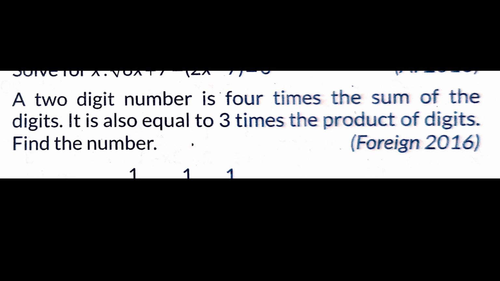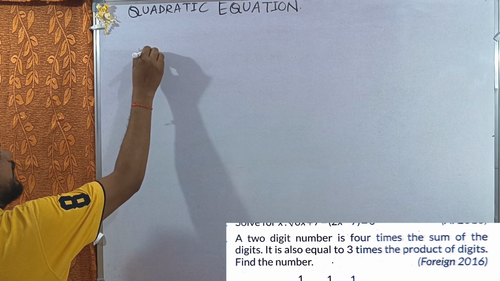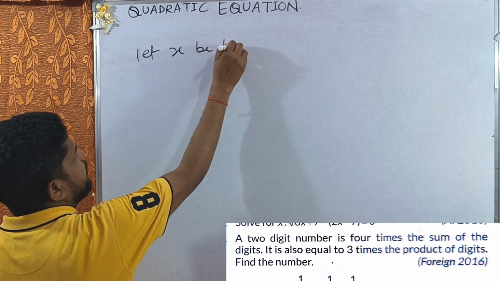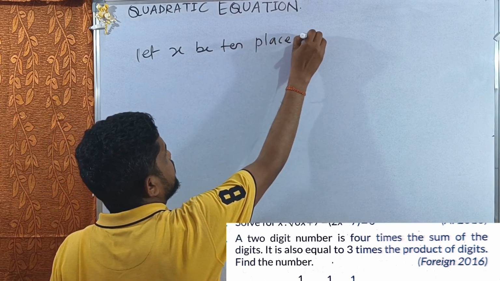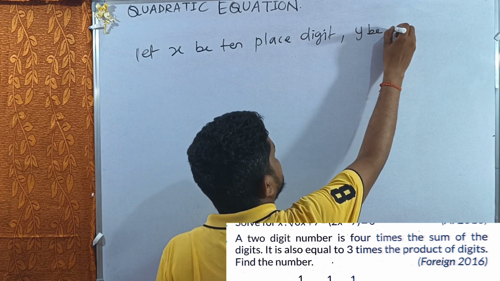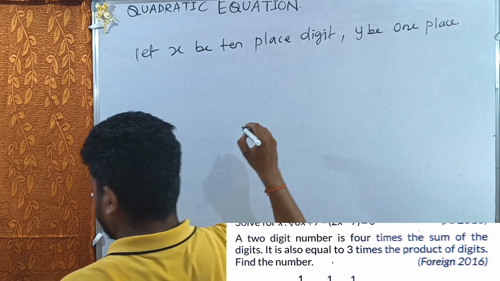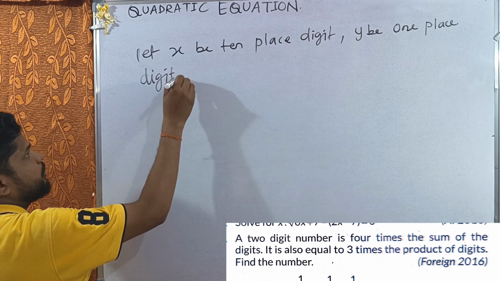Okay, just look at the whiteboard. Dear students, the question is that let x be the 10s place digit and y be the 1s place digit.